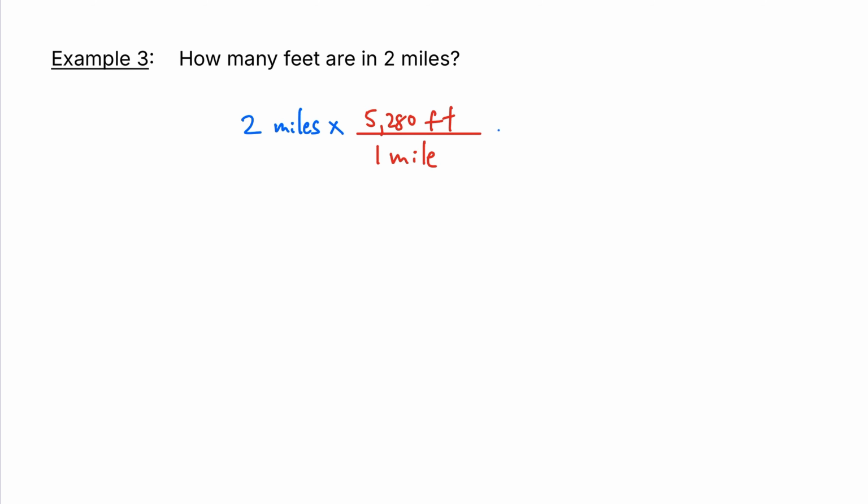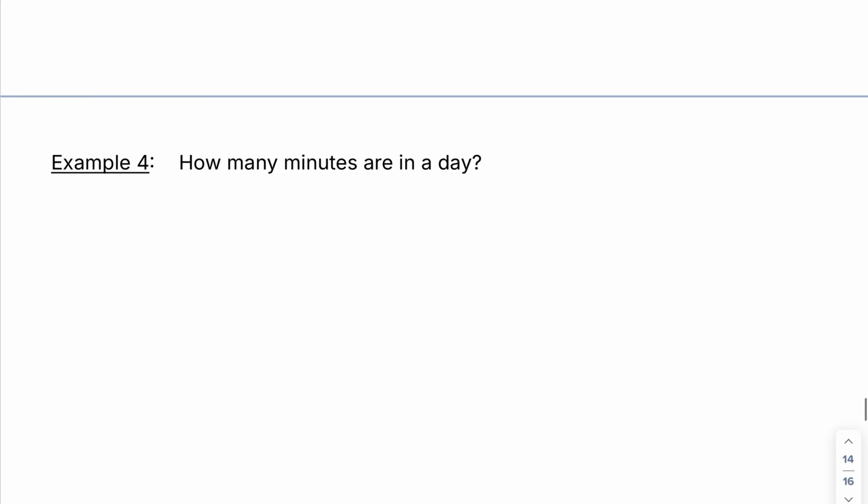Okay, and if we go ahead and multiply this out, we see that the miles cancel out, and all we do is multiply 2 by 5,280, and that gives us 10,560 feet. Okay, so this is our answer. All right, let's move on to example 4.